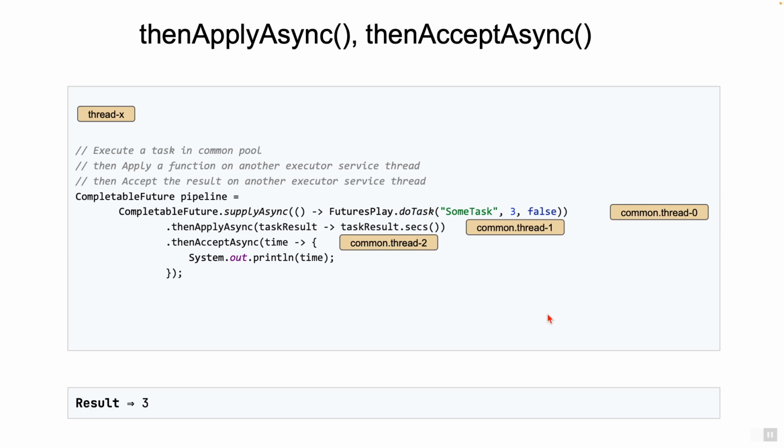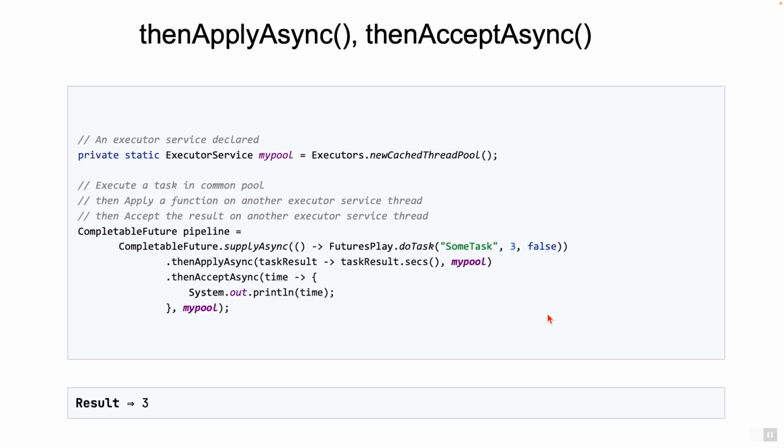Now there is yet another version of thenApplyAsync and thenAcceptAsync, which takes in an executor service. When that is used, the stage will be triggered on a thread from the executor service and not from the common pool.